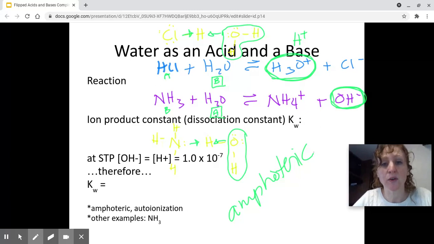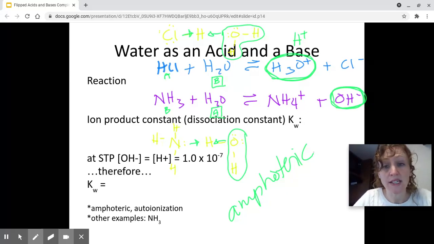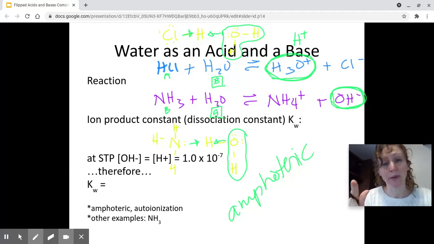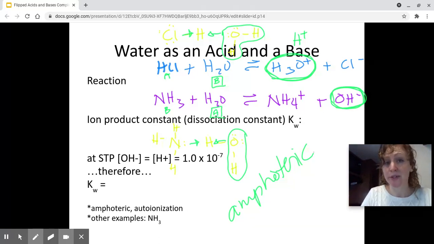It's an amphoteric compound. Another thing you might notice is that in a reaction, if you have an acid, you also have a base. And this is often true. If something is acting like a hydrogen donor, then something else is going to be acting like a hydrogen acceptor, right? Acids and bases often are found paired together like this.